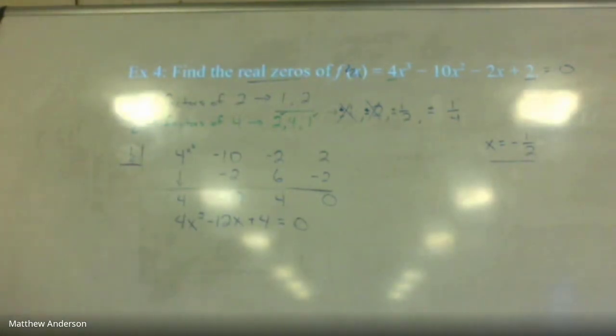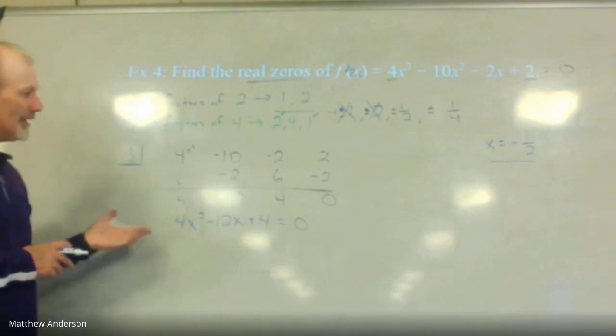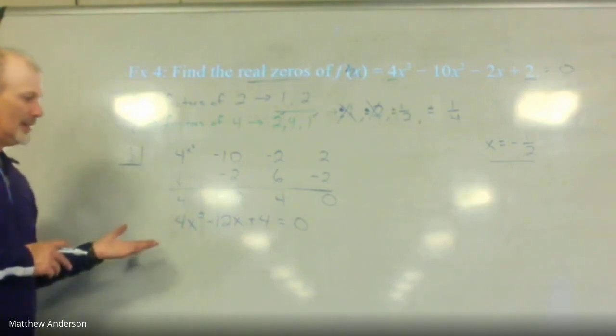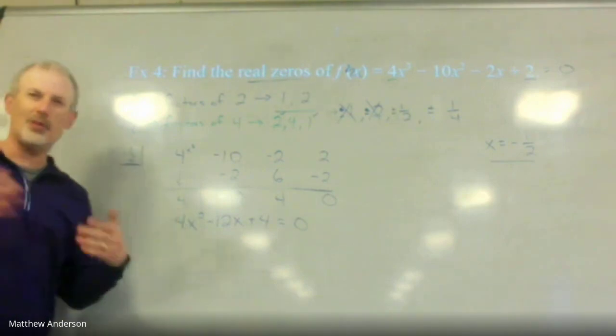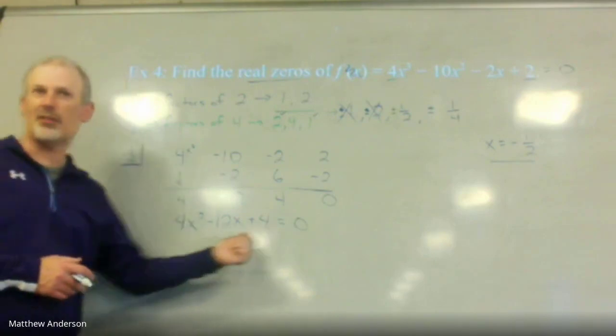Once you get down to x squared, you don't have to do guess and check anymore. We just solve it, either by factoring or by quadratic formula. Okay? So looking at this, do you see how these all have a common factor?